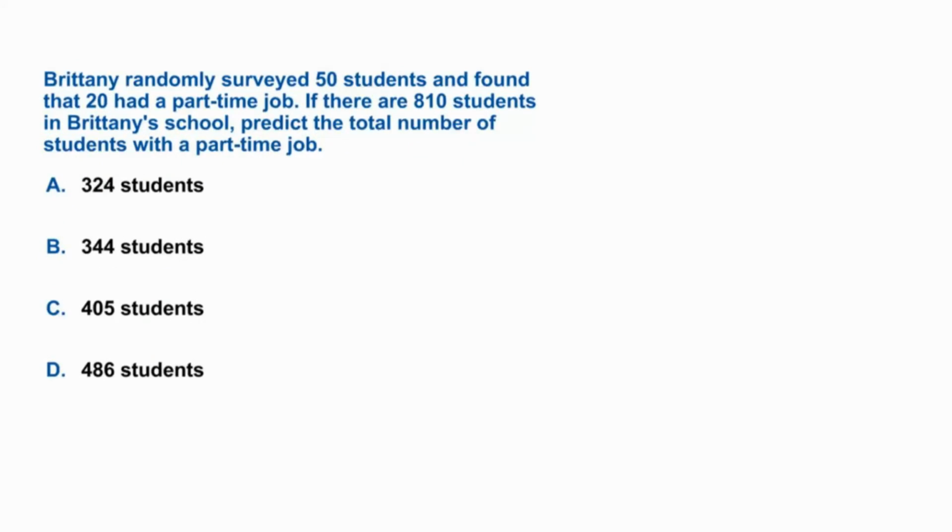Brittany randomly surveyed 50 students and found that 20 had a part-time job. So 20 over 50 is our ratio, which we can reduce to 2 over 5. If there's 810 students in her school, predict the total number of students with a part-time job. So we'll let X stand for the number of students with a part-time job.